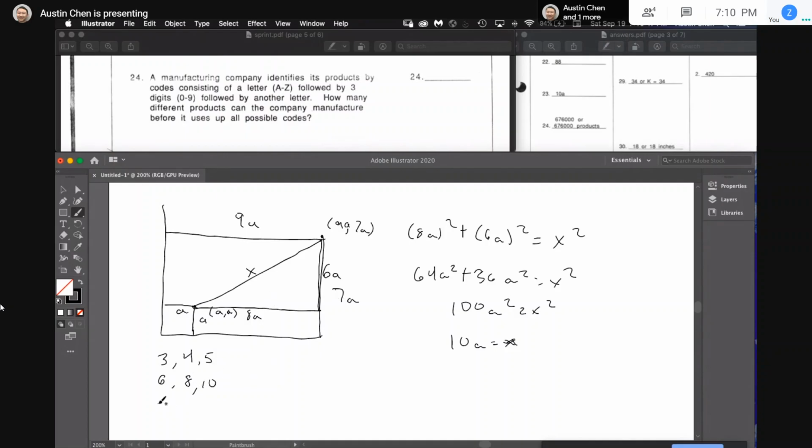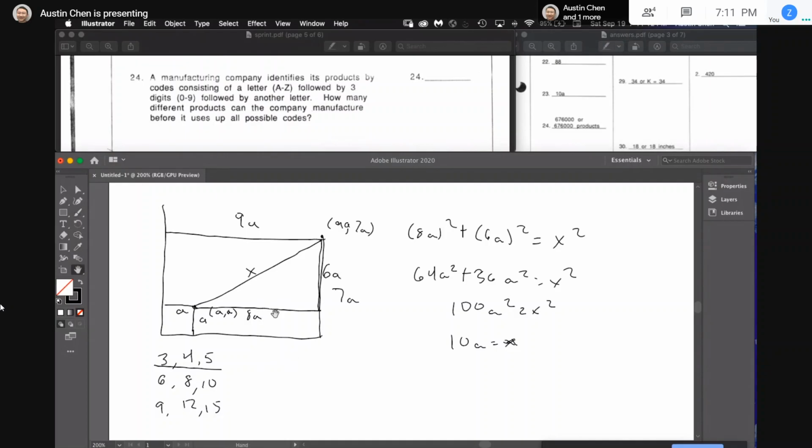You can multiply by 3 to get 9, 12, 15, which is another one. Because 3, 4, 5 don't share a common factor, it's called a primitive Pythagorean triple. What you want to do is memorize just the primitive Pythagorean triples, and then you can get a lot of other triples from them.